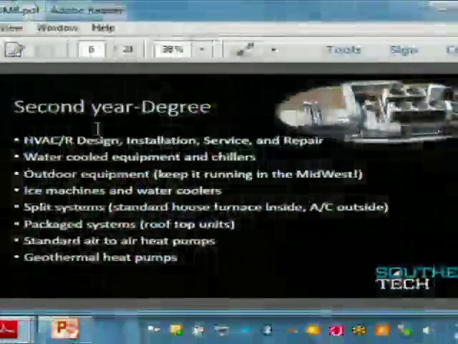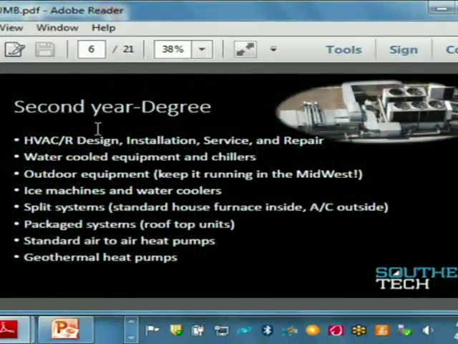In the second year of our degree program, we take the skills they learned in the first year and expand on them. We try to have them be a finished product and be out in the field as a service tech by the end of our program. We get into design, installation, service and repair. We work on chillers, water-cooled condensers, cooling towers, ice makers, split systems, and the intricacies that go along with keeping one of those running in our wonderful winters around here.